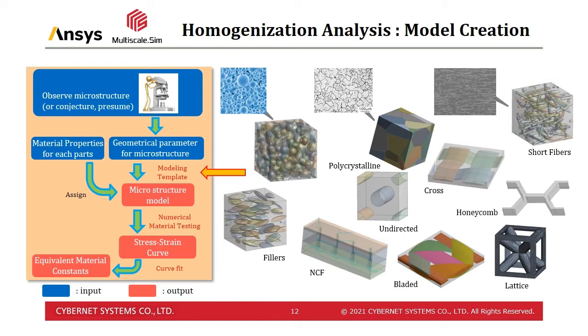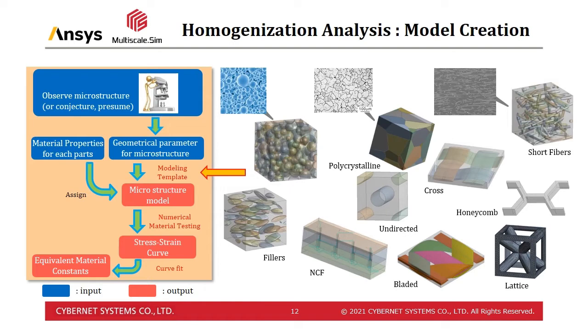Strictly, the microstructure of short fiber reinforced composites does not have cyclic symmetry. However, equivalent material constants can be obtained with a certain degree of reliability if the average information such as fiber orientation and volume fraction is well defined. Then we support lattice structures.